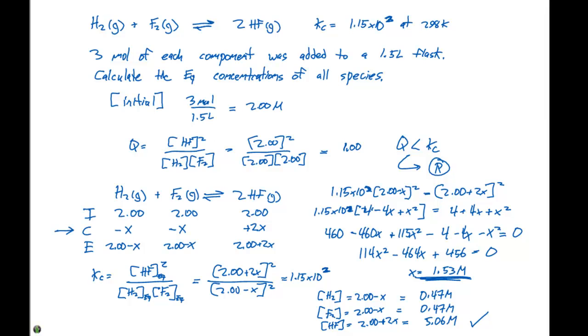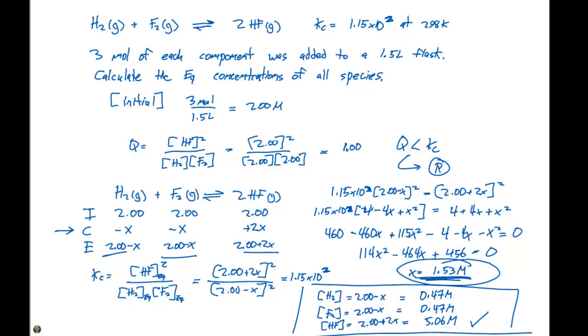More than likely, we'll have to use some type of quadratic equation to solve these particular equations. So we plug that in, do the algebra, use the quadratic equation, solve for x, then go back to the equilibrium concentrations in the ICE table, use the x that you've calculated, and plug that back in for our equilibrium concentrations, which are listed right down here as 0.47 for hydrogen and fluorine and 5.06 for the HF.